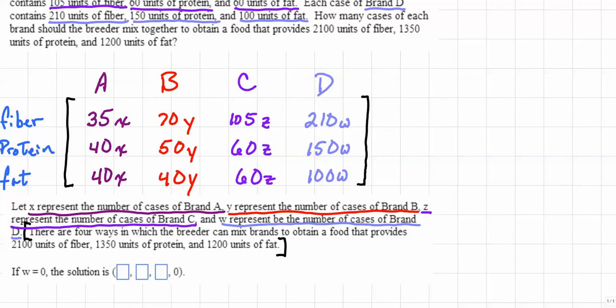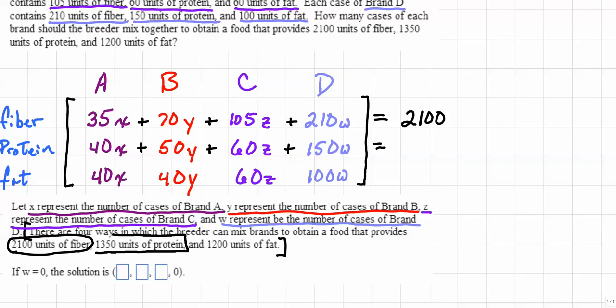Now, if I were to add these together, what would they be equal to? Well, in the first case, I want to find 2,100 units of fiber. And since fiber is the first one, we would just write down 2,100. We're going to do the same thing for protein and add these together, and that's going to be equal to 1,350 units of protein.